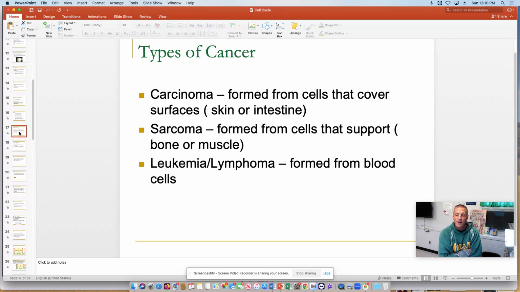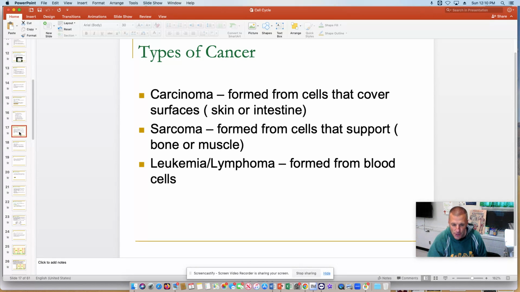Okay, some types of cancers. Carcinoma, from covering cells, so skin or intestines are often affected by carcinomas. Sarcoma: sarco is flesh, so muscle or bone cancers would be called sarcomas.